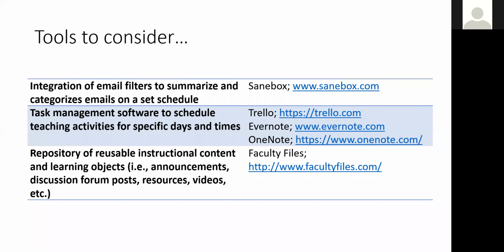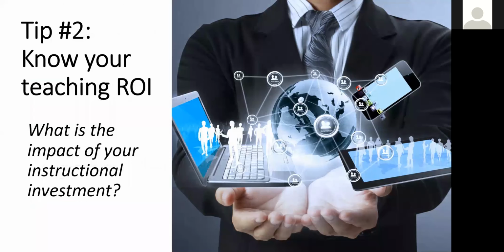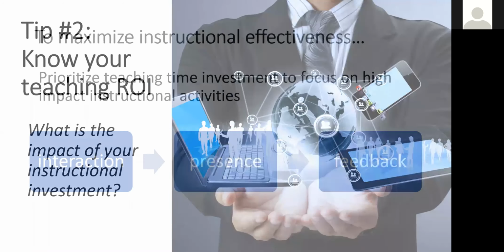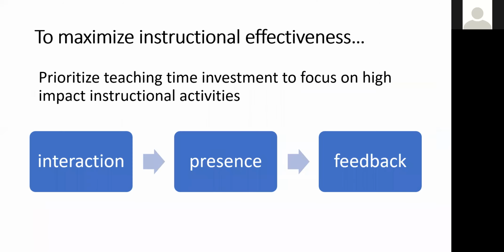So related to that, and I already hit on a few of these things, if we're going to streamline our time and really focus on the things that have an impact, we have to know which things those are. When we look at the research, it overwhelmingly tells us there are 3 things we do that have an impact on student learning.